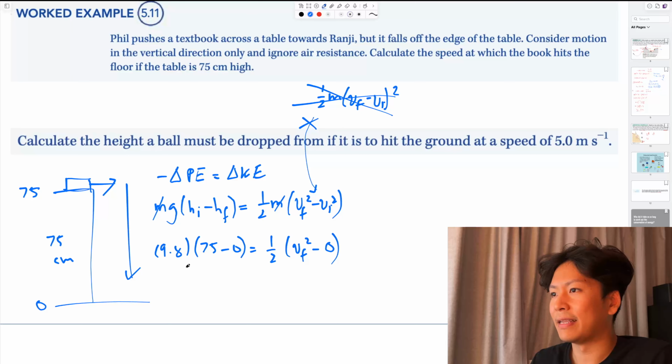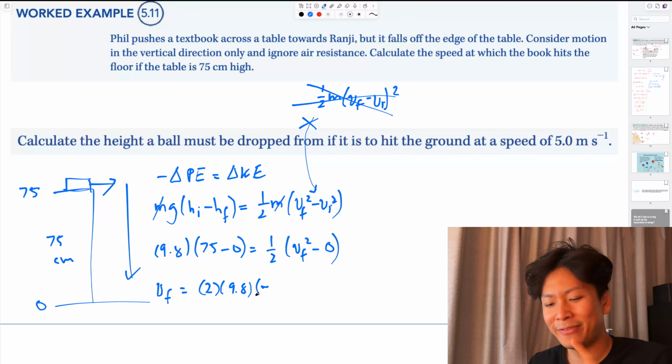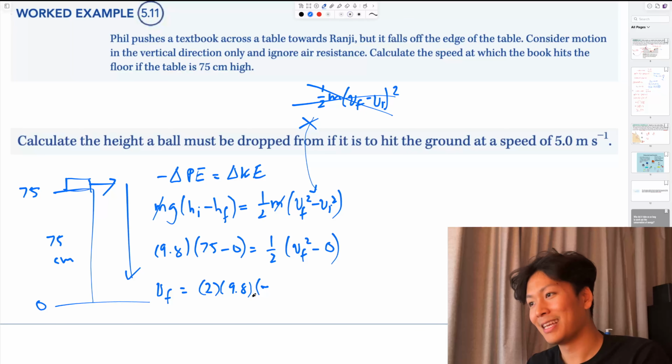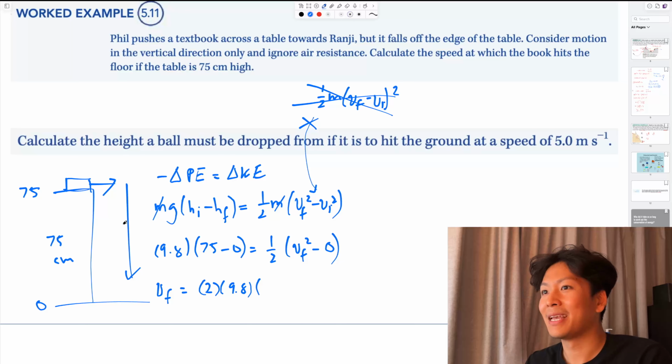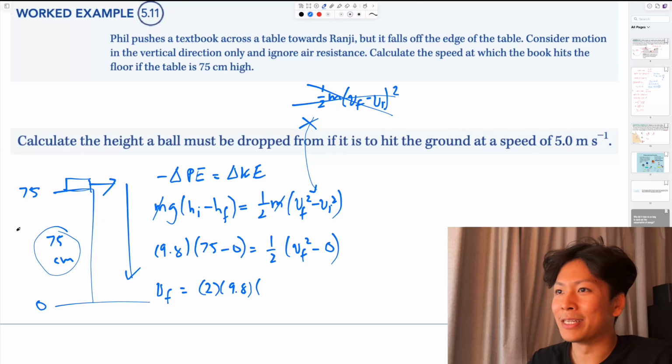If I solve my equation, I get that v_f is equal to the square root of 2 times 9.8 times, not 75, because I almost made the mistake. I want to be in SI units, so it has to be 0.75 meters.